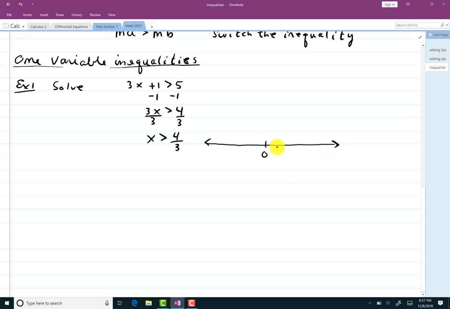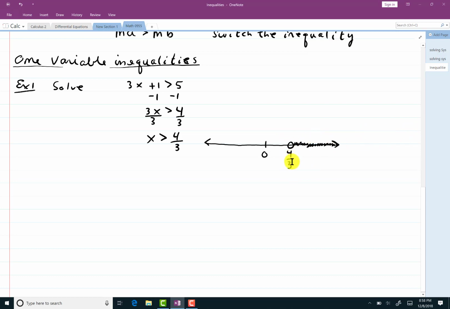So you may have 0 here, and then I'll put a hole where 4/3 would be. And this just says all numbers that are greater than 4/3. So what I'll do is I will shade the number line to go from 4/3 off to the right for eternity.